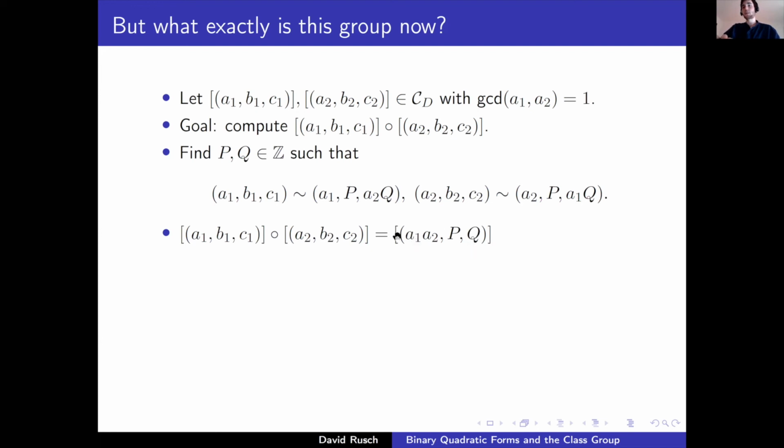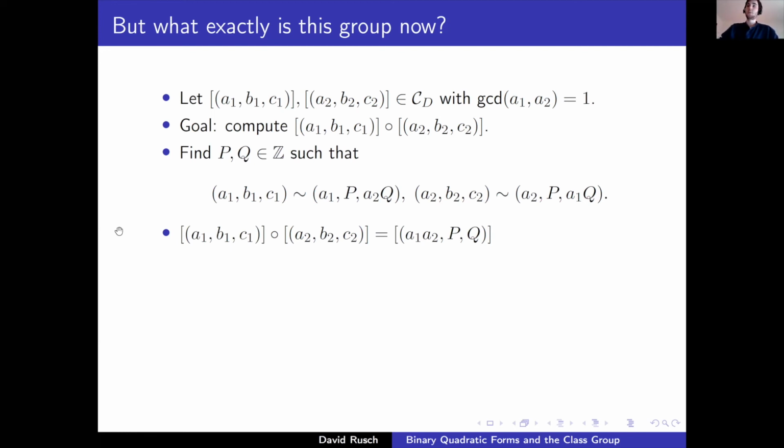And what I also did in my thesis is then I showed that this is really the composition in the sense of Gauss. So we can construct this matrix such that this form evaluated at some linear combinations of the variables is equal to the product of those two forms.